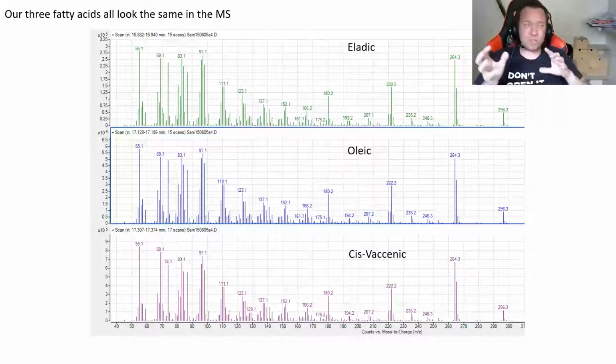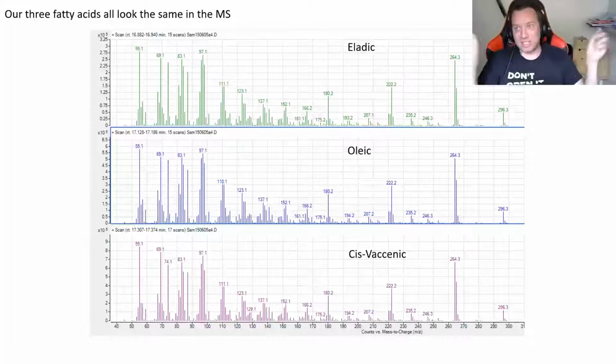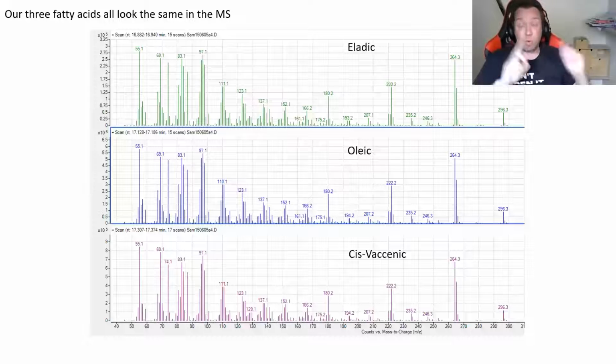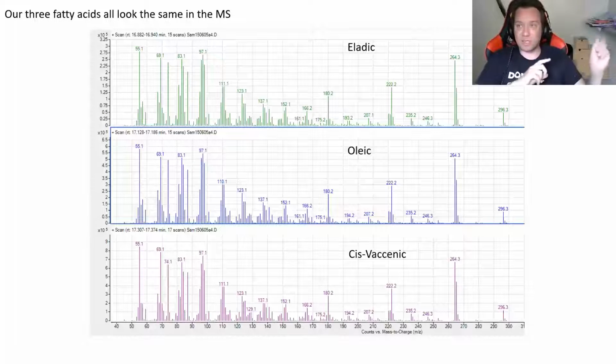So the important thing to realize is that whilst it's easy to think the mass spec is the very powerful part of a GCMS or an LCMS, it's very often the chromatography on the front end, which is at least as important, if not more important, for accurately and specifically measuring what you want to measure.